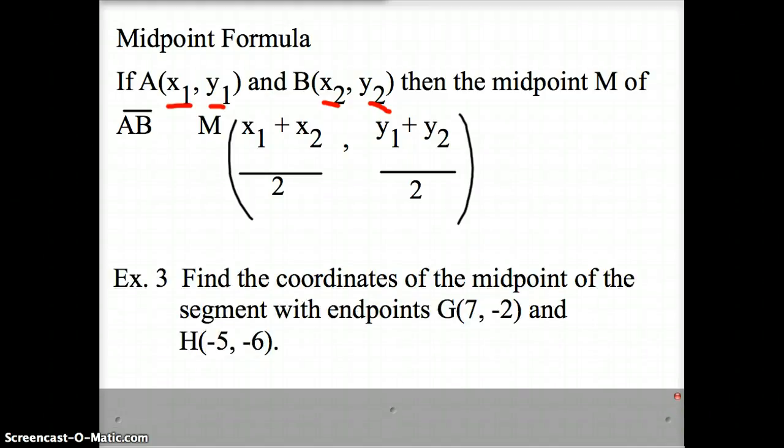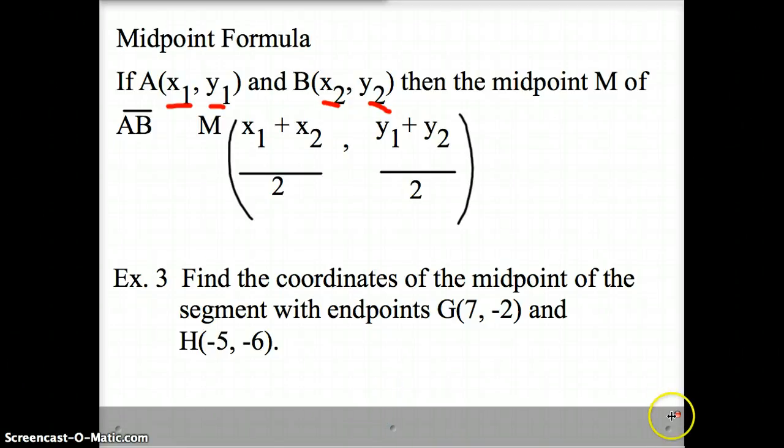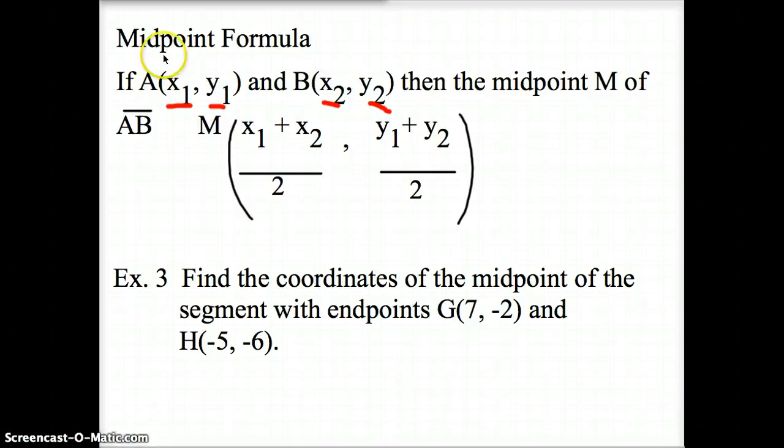So let's see that in action. We've got the ordered pair 7, -2 and -5, -6. So for the midpoint, we'll go ahead and call that M for midpoint. That's simply going to be the sum of my x's, so 7 plus -5 over 2.